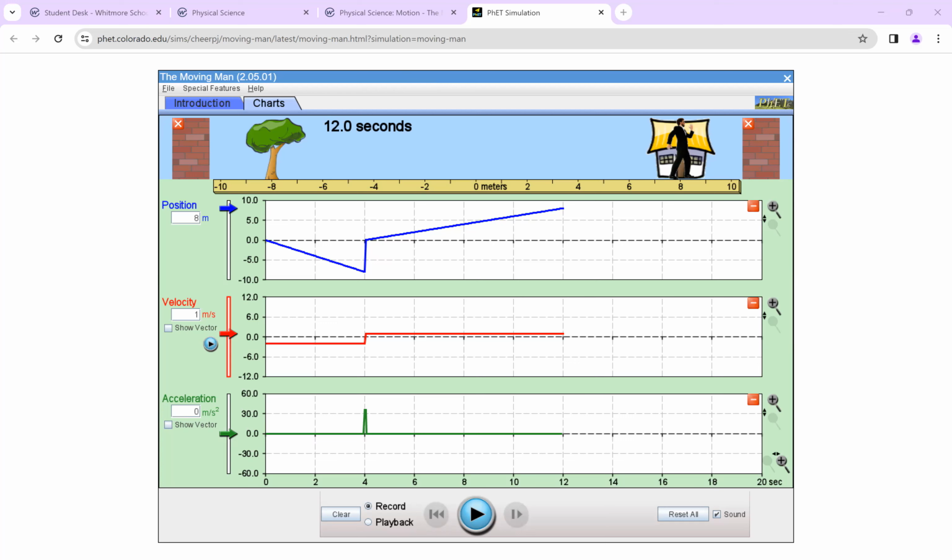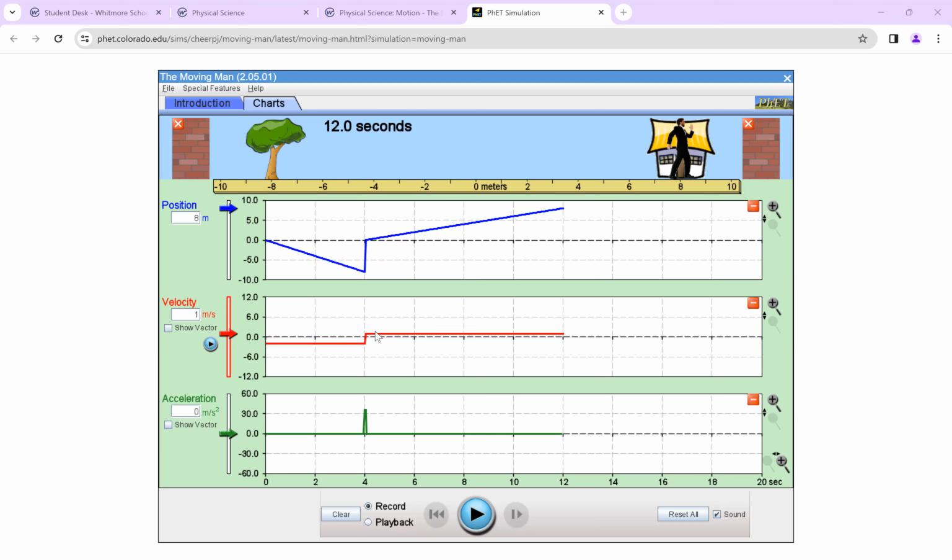All right, so just tell me verbally, right here, this red, what is the velocity here? Is it positive or negative in this area of the curve? Negative. So we'll say when the man is moving left, the velocity is negative.